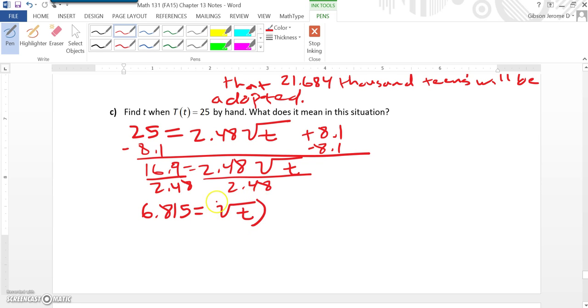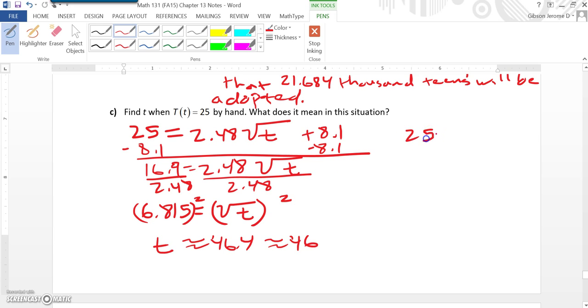And then we would square both sides. If you put this in your calculator, this would give us approximately 46.4, which is approximately 46 as far as the years are concerned.